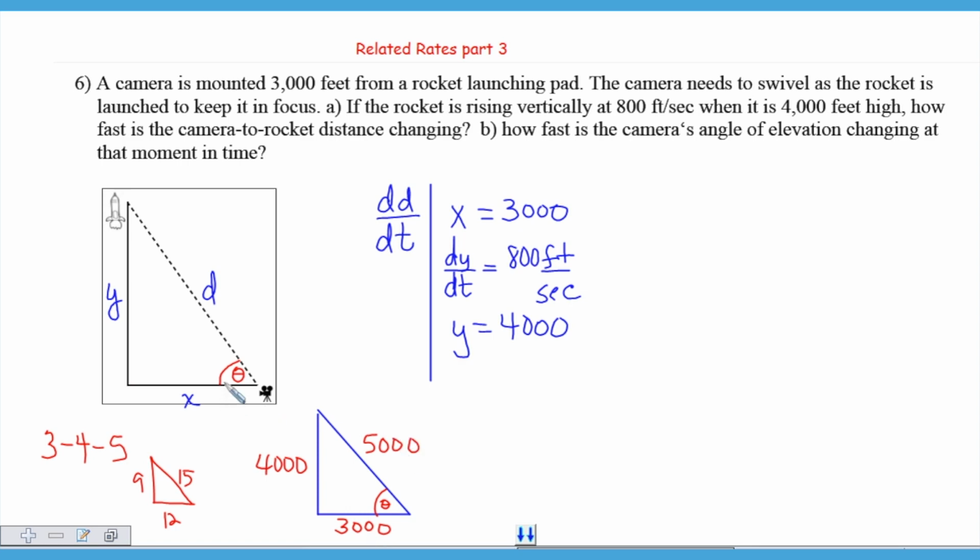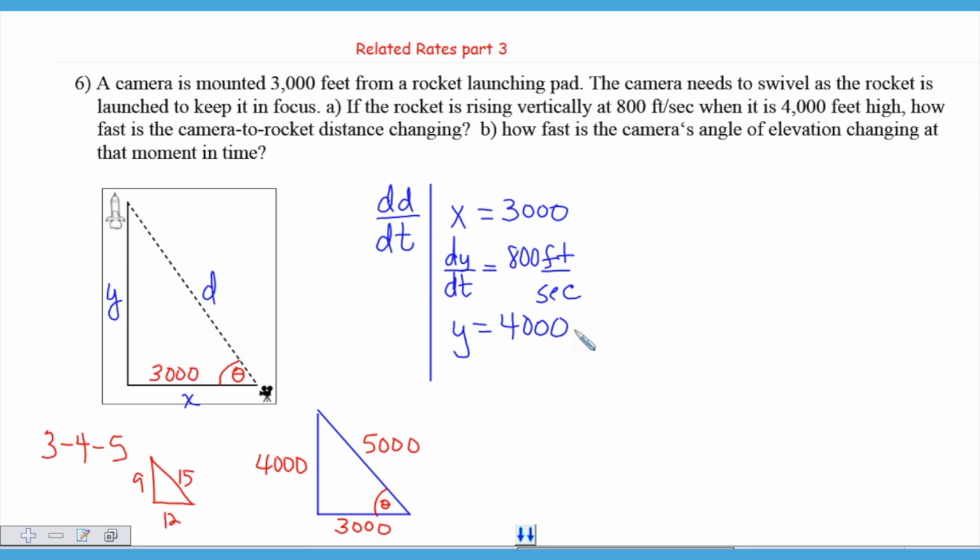I need to find a relationship between this angle and some sides of a triangle. If this is a right triangle, then I want to use a relationship that is normally used with angles and right triangles, which is the trig functions. So which trig function can I use? Well, I can use any of them, but I want to use the smartest one. We know that this distance right here is 3,000, and it's always 3,000.